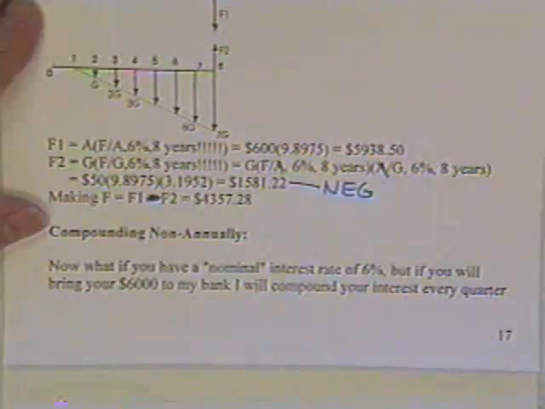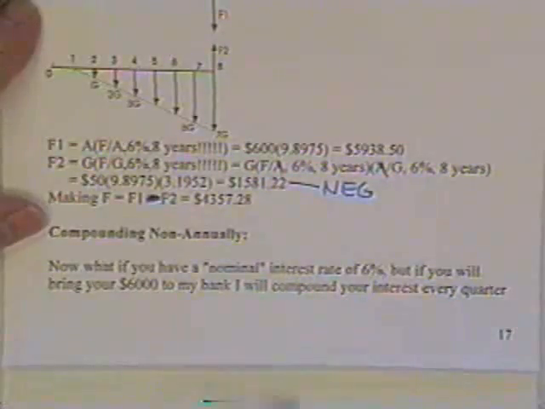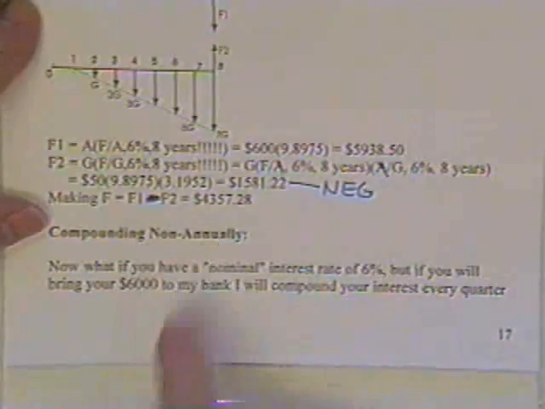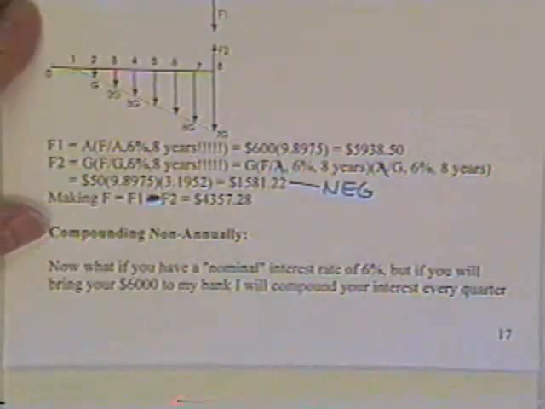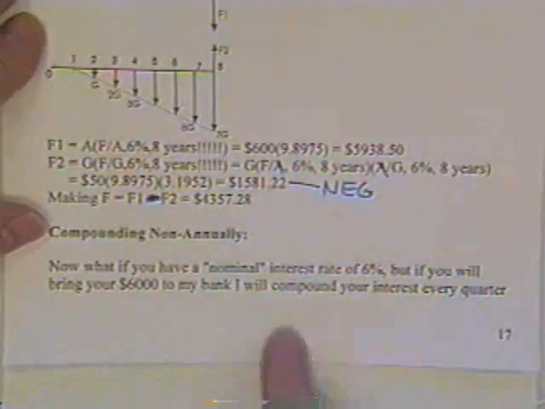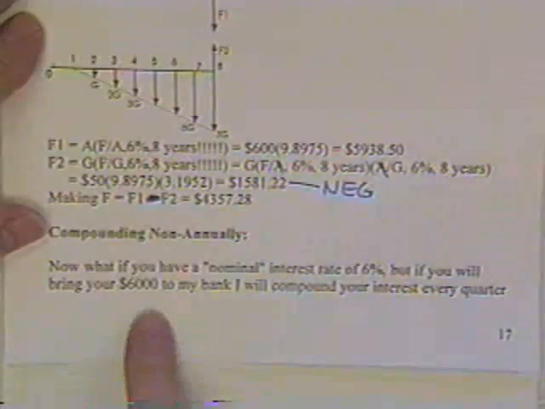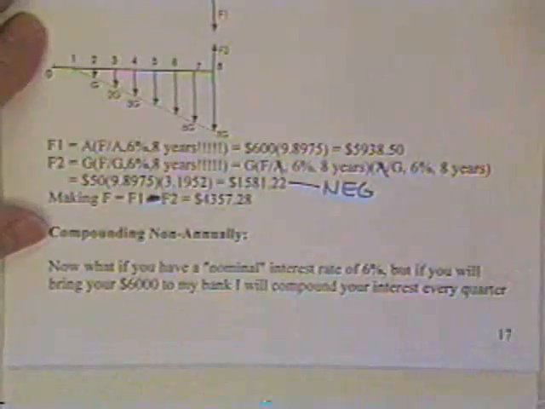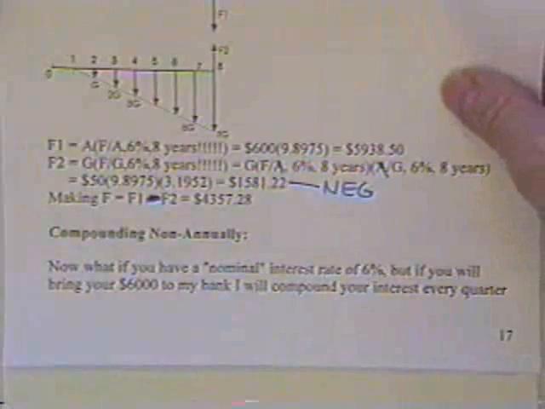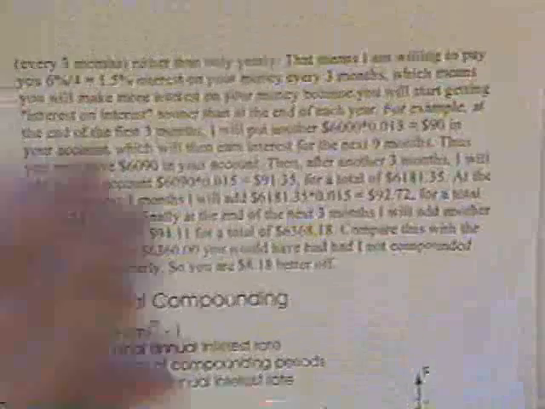All right, now then, let's see what happens if these payments are not compounded annually. What if I tell you I'm going to use an interest rate of 6%? I mean, it's not really 6%, but it's a nominal rate of 6%. And I tell you what, if you'll bring your $6,000 to my bank, I'll compound your interest every quarter.